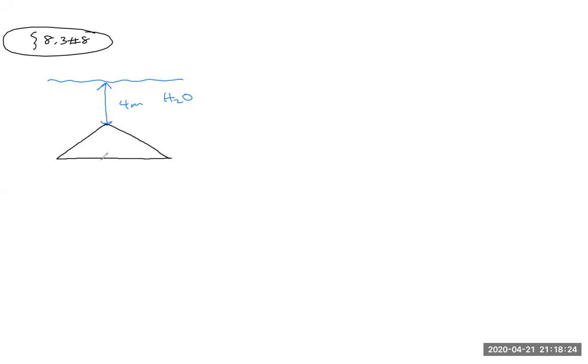The bottom of this triangle is 6 meters, and the top of the triangle to the bottom of the triangle is 2 meters. So we are looking for the hydrostatic force on the plate.